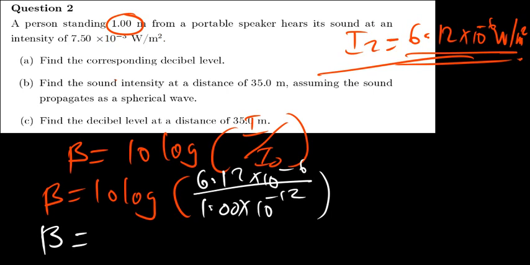So the answer I'm getting is... Oh, okay. What answer am I getting now? Okay, let me redo it. I'm saying 10 log open brackets 6.12 times 10 to the power negative 6 divided by 1.0 times 10 to the power negative 12.